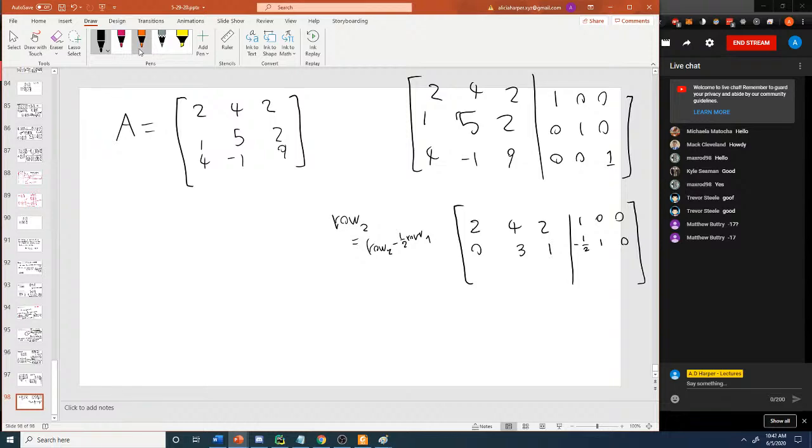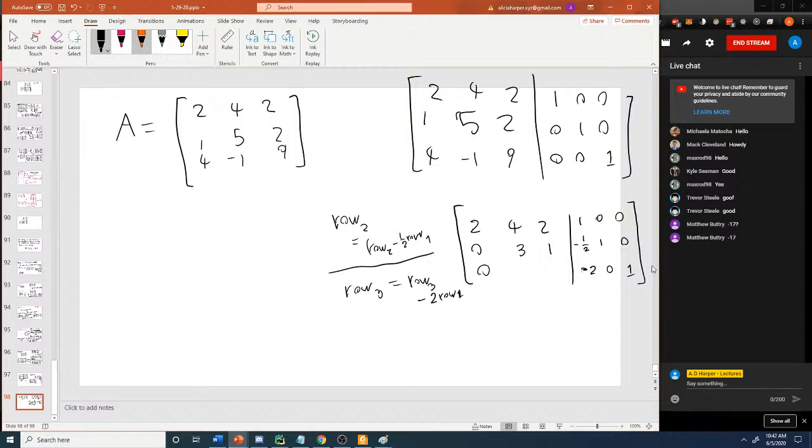And I'm also going to set row 3 to be equal to row 3 minus 2 times row 1. So I'll have a -2 here, a 0, 1 here, and this 4 will become 0.